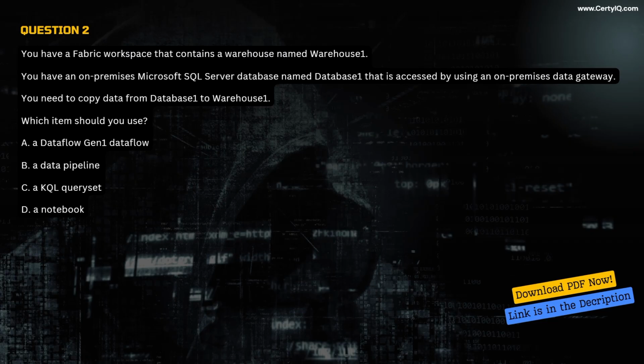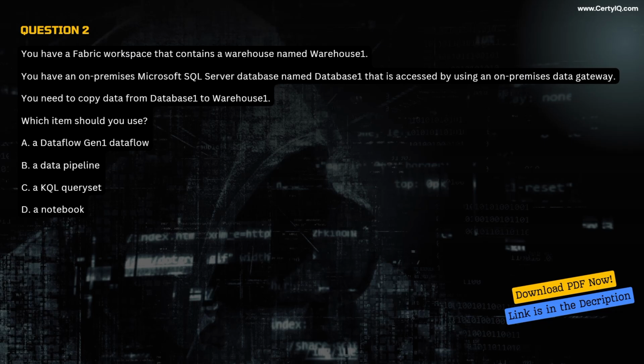Question 2. You have a Fabric workspace that contains a warehouse named Warehouse 1. You have an on-premises Microsoft SQL Server database named Database 1 that is accessed by using an on-premises data gateway. You need to copy data from Database 1 to Warehouse 1. Which item should you use? A. A Dataflow Gen 1 data flow.